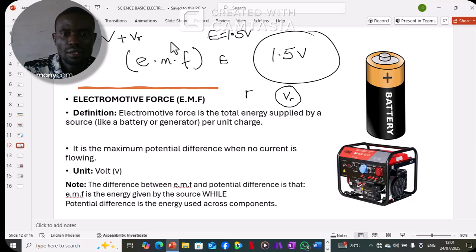The voltage across the internal resistance of a battery is called lost voltage. The voltage across the one in the circuit, V capital R or ordinary V, is called voltage drop.